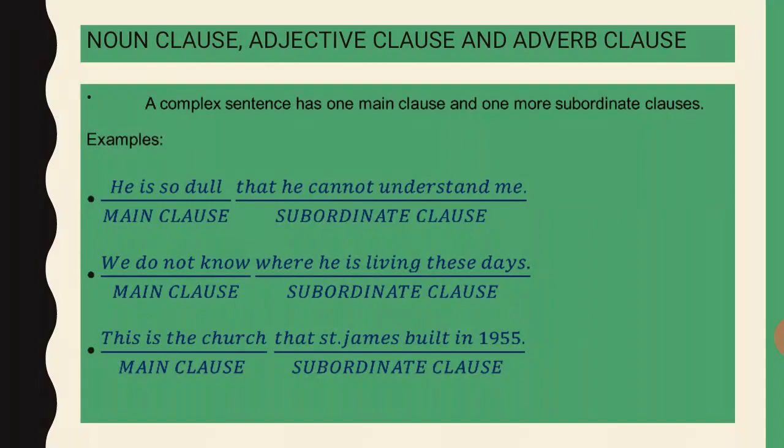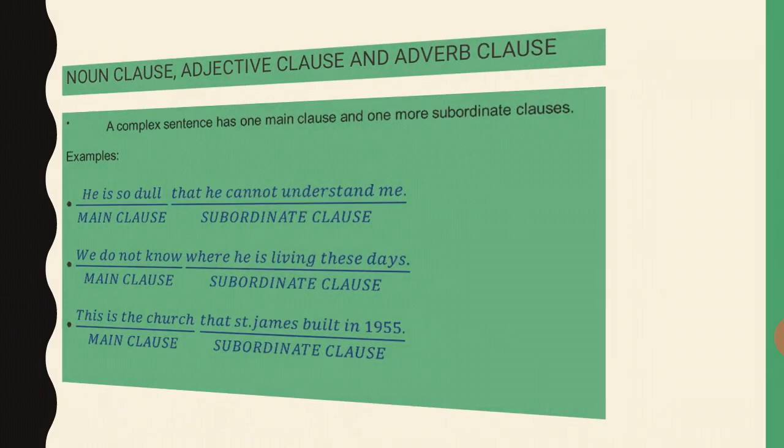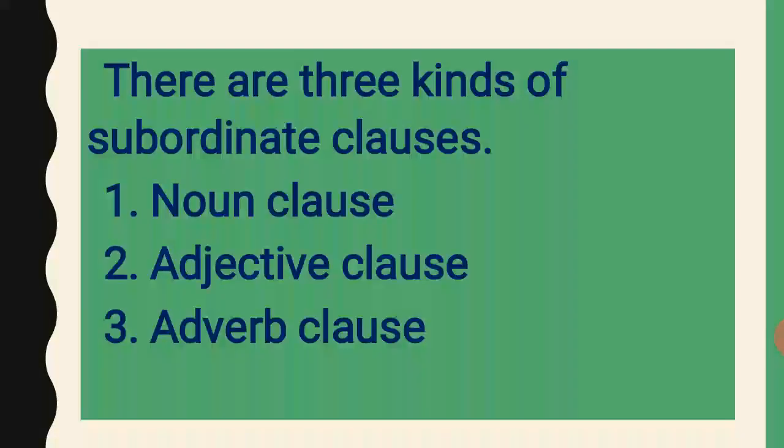So before that, there are three kinds of subordinate clauses only. What are they? Number one is noun clause. Number two is adjective clause. Number three, adverb clause. From these three clauses, we can identify the subordinate clauses.